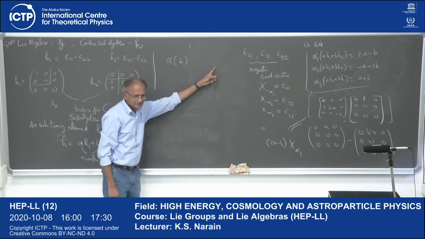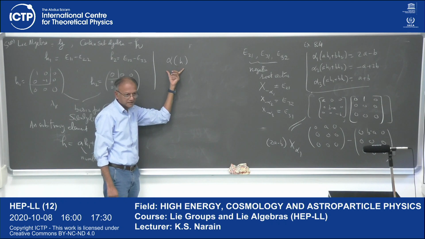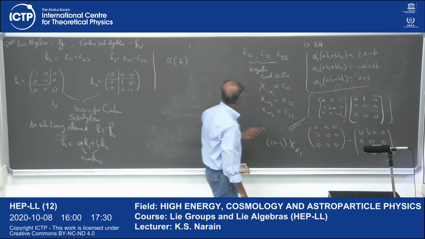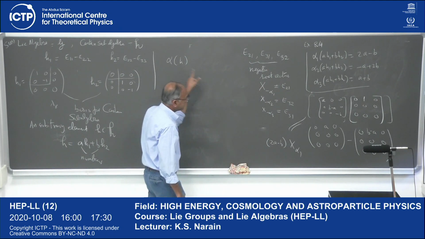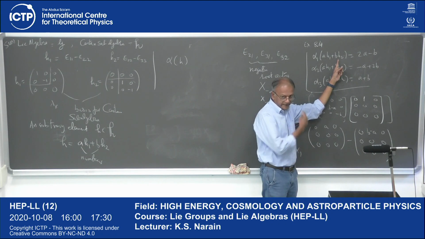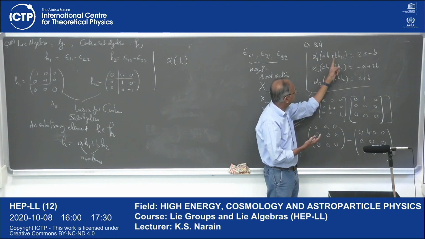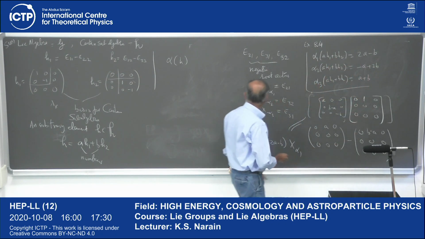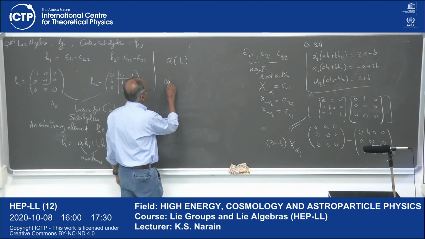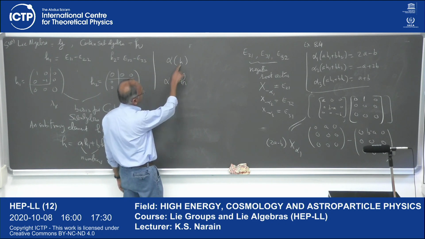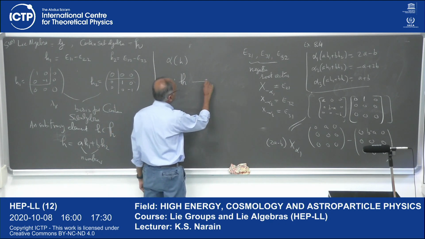This whole quantity is a number, like here. Given an element of this Cartan subalgebra, which means I have specified A and B, alpha 1 acting on that just gives you this number. So alpha should be thought of as a map from H, the Cartan subalgebra, of which this is an arbitrary element, to numbers.